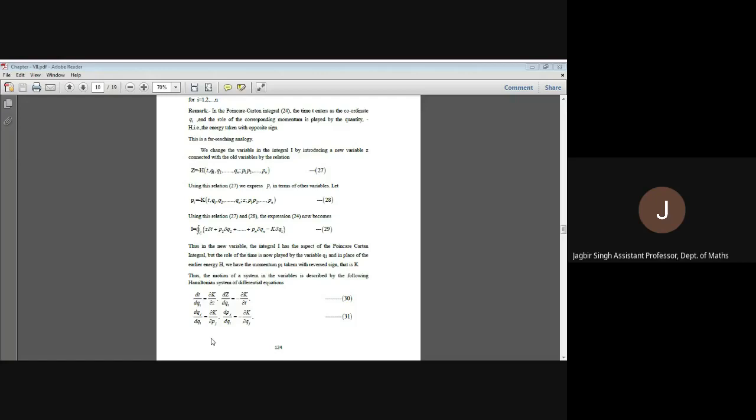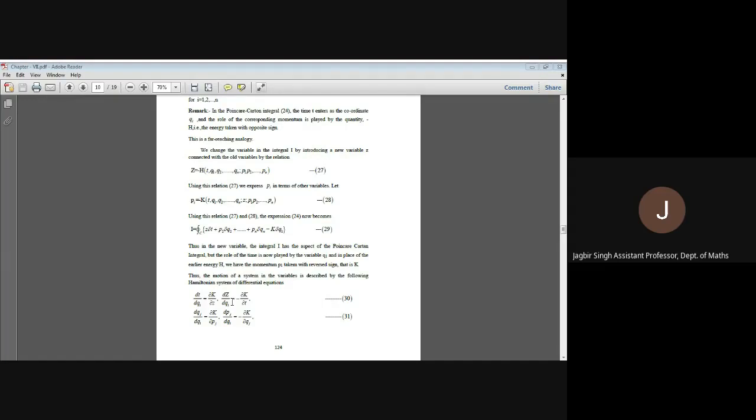But we need to cover all the 2n equations. So 2 are remaining. Those two are: dt by dq1 is equal to curly k by curly Z. Why is it so? Because in Hamilton canonical equation, the first equation was dq1 by dt is equal to curly H by curly p1. But now H is replaced by k, p1 is replaced by Z, q1 is replaced by t, and t is replaced by q1.